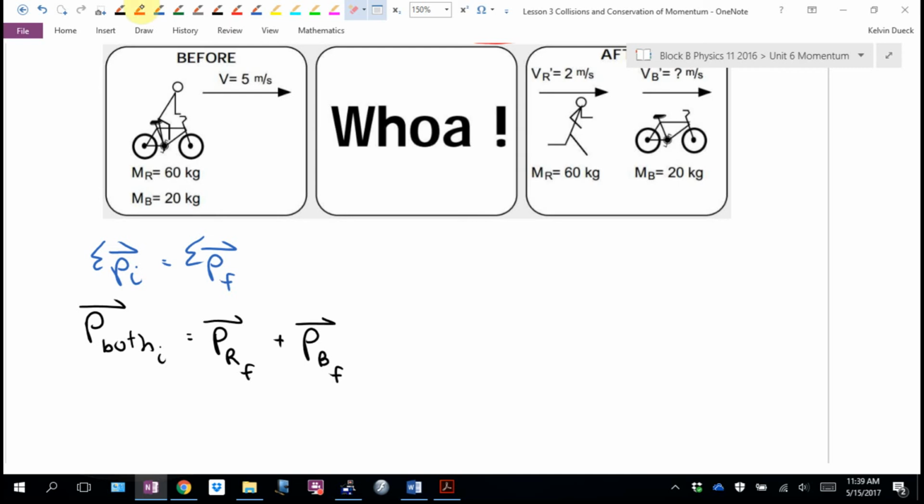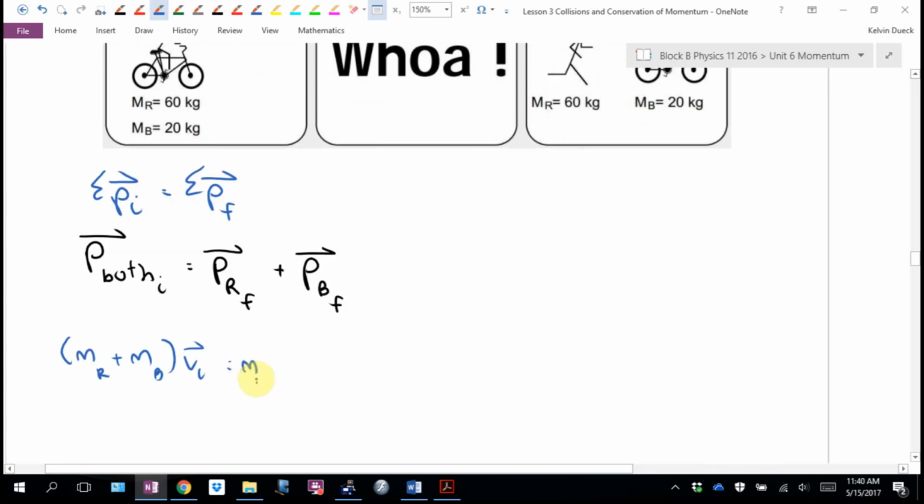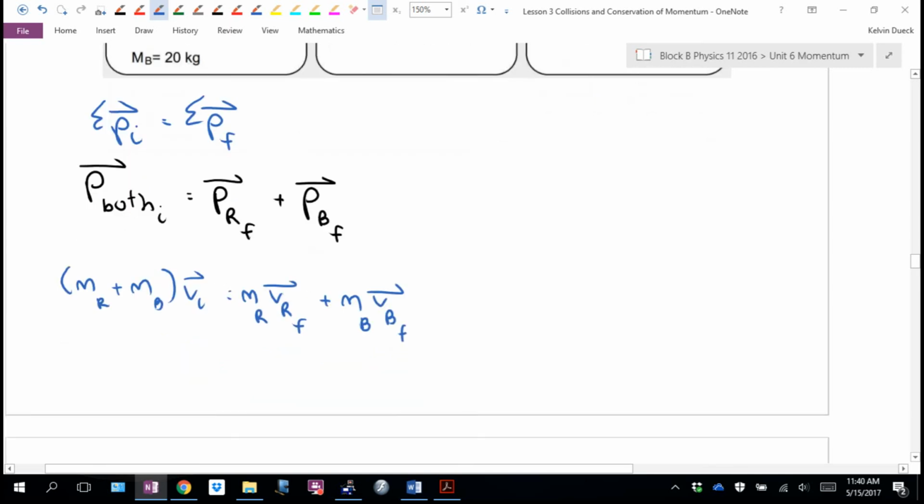Momentum is what times what? So this is going to be (mR plus mB) v initial equals mR vR final plus mB vB final. What are we trying to find?